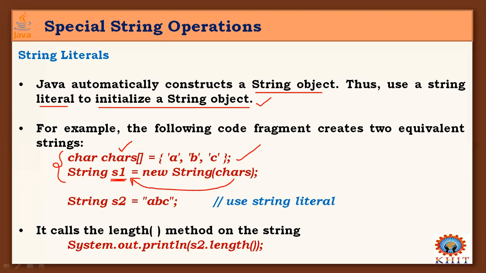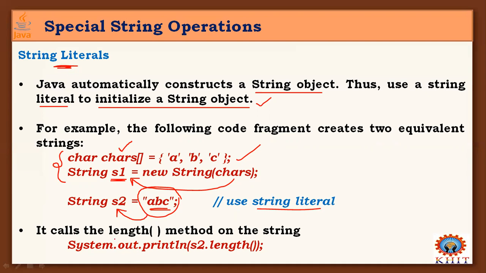This is the process we have been following till now. But we can directly use a string literal to initialize the string objects like this. String s2 equal to, we can give the string in double quotation or single quotation. Then this will be considered as a string literal. So this string literal value can initialize this string object s2.